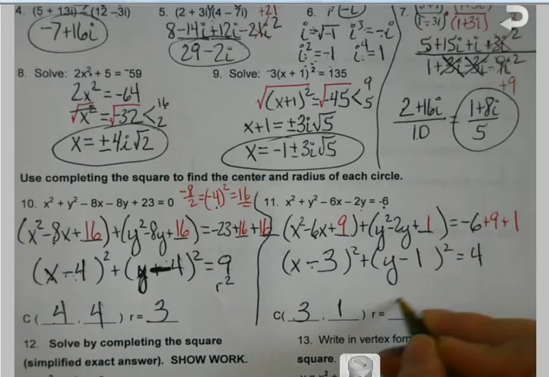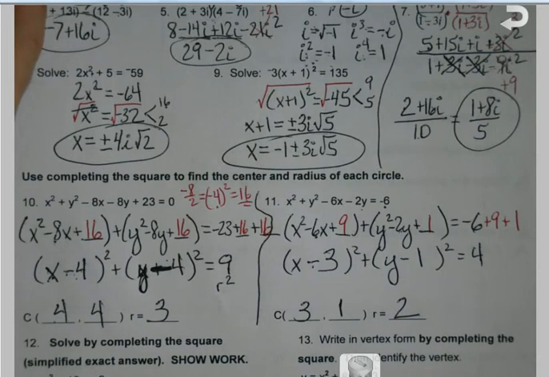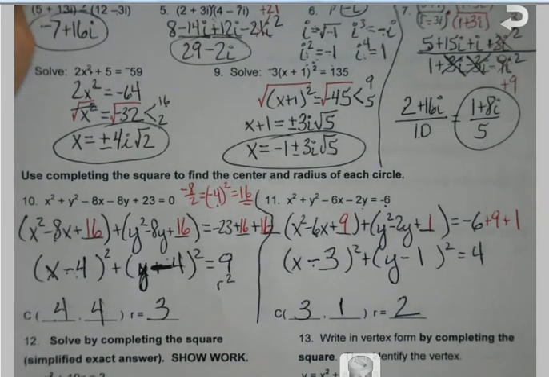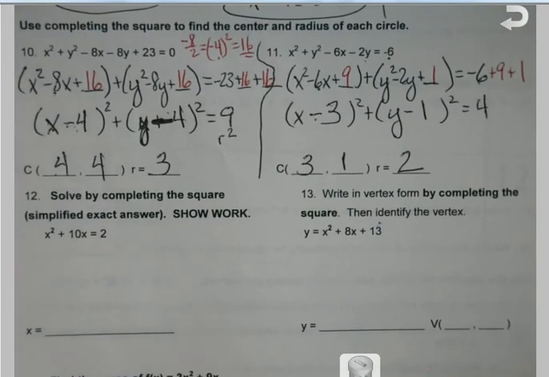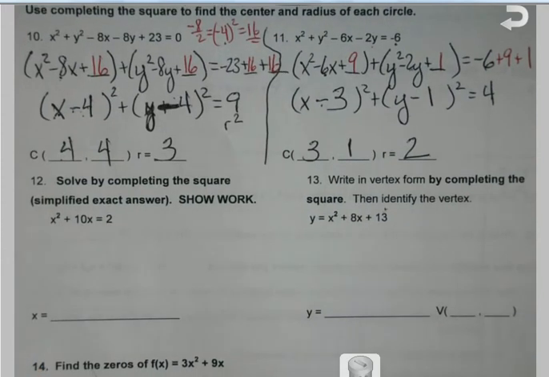Square root that to get my radius. And I'm off to the next one. And the only thing that'll change once I get down to 12 and 13 is going to be what exactly I'm being asked for. Okay, solve by completing the square, simplified exact answer, show work.